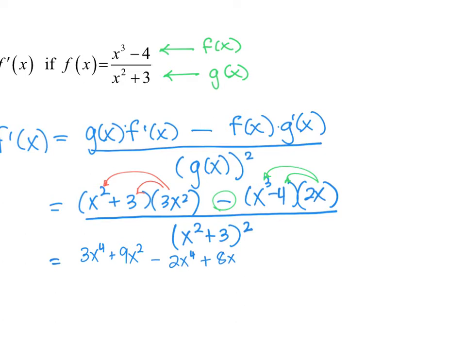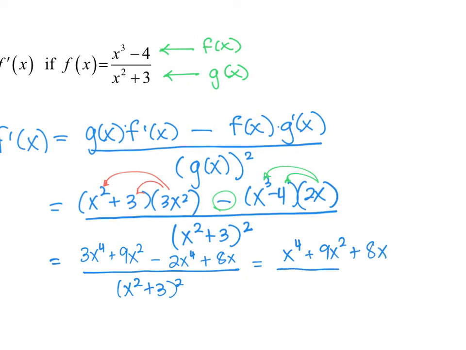All right, so I've got a double negative going on there, all over the quantity x squared plus 3 quantity squared. So I'm going to clean up the x to the fourth like term, so I'll have x to the fourth plus 9x squared plus 8x all over the quantity x squared plus 3 squared.